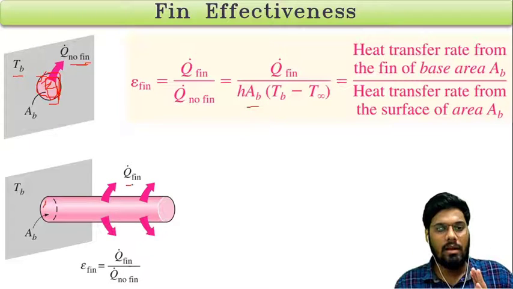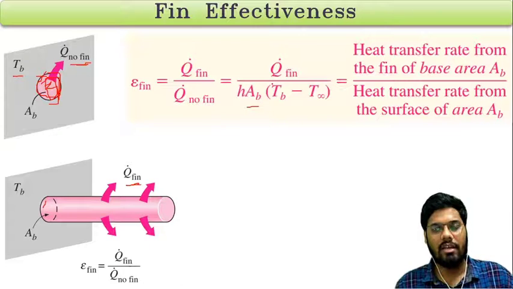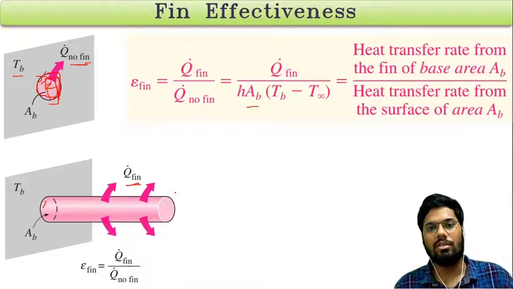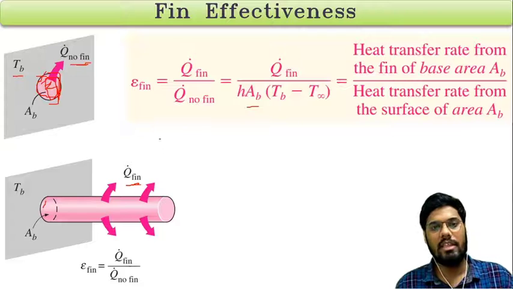So when there is a fin, the heat transfer rate depends on whether it is a long fin, short fin, or a fin with insulated tip. It depends on our case, but we can easily find the effectiveness by comparing with fin to without fin. We know that without fin, the heat transfer rate would be h A_b, the base area, times TB minus T infinity, the temperature difference.